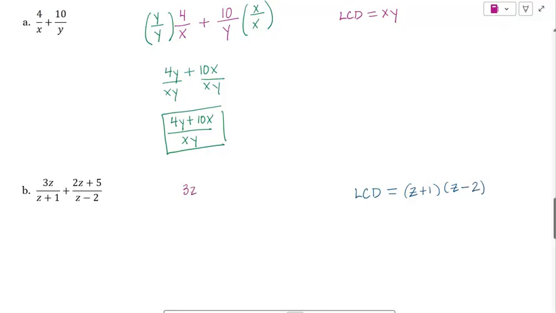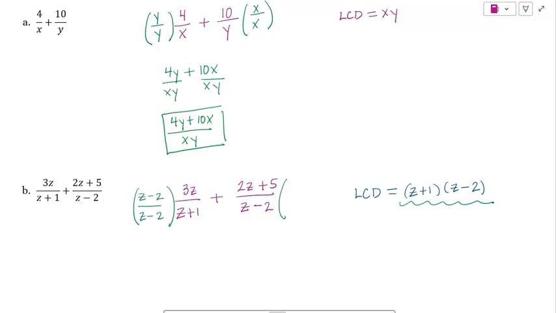I'm going to write these over here so I can change both of these fractions to have the same denominator. I want my new denominators to look like this, so the first fraction needs a z minus 2 to make that happen. And my second fraction needs a z plus 1 to make that happen.